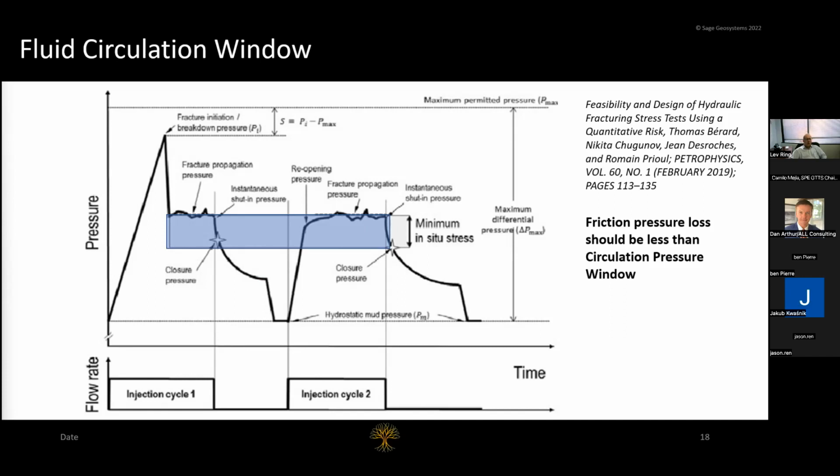We don't want to propagate fractures, because if we propagate fractures, we're going to lose fluid into the formation, and that's going to be our losses. If the fracture closes, there will be huge impedance to circulate through these fractures. So this is the window where we need to operate. If we somehow operate in the window between fracture opening and fracture propagation pressure, then there is a chance.